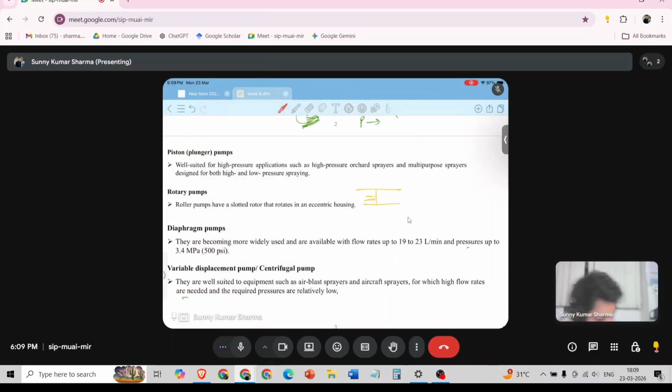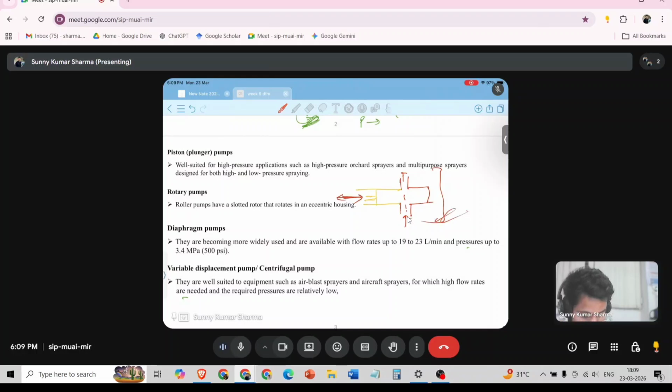Suppose this is the piston, it will reciprocate in this direction, and at the same time the liquid will move in this direction. This is a typical example of a piston pump.